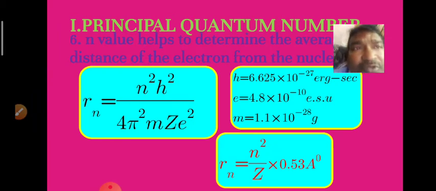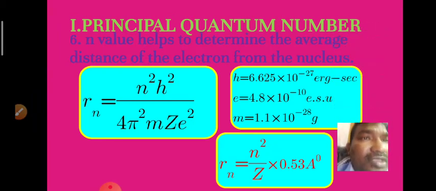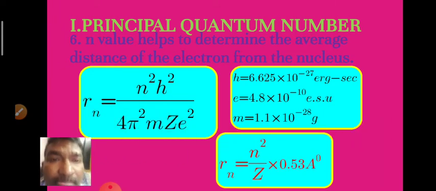Now, principal quantum number helps to determine the average distance of the electron from the nucleus. Here, distance means nothing but radius. If you know the radius, automatically we can calculate the size of the atom. The equation to calculate the radius is r_n = n² h² / (4π² m Z e²).